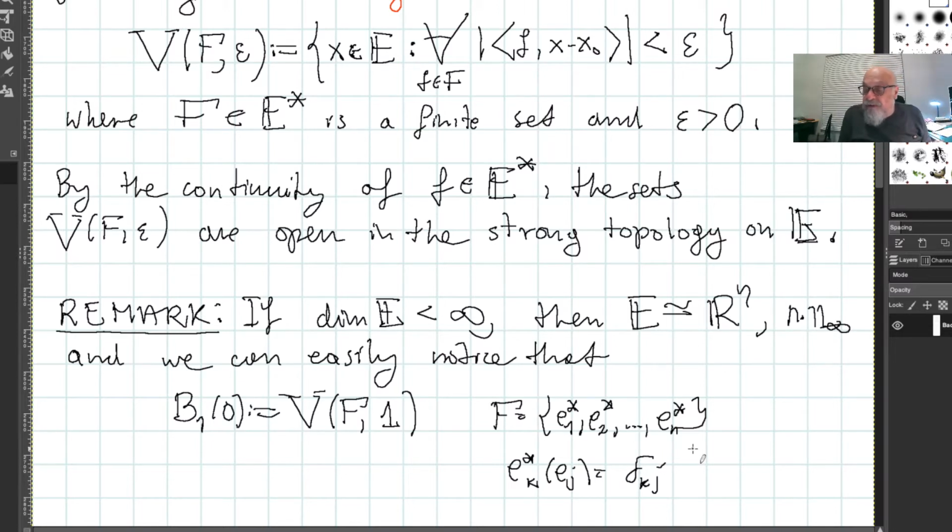So we actually prove this, and we indicate it. So that's a simple observation.